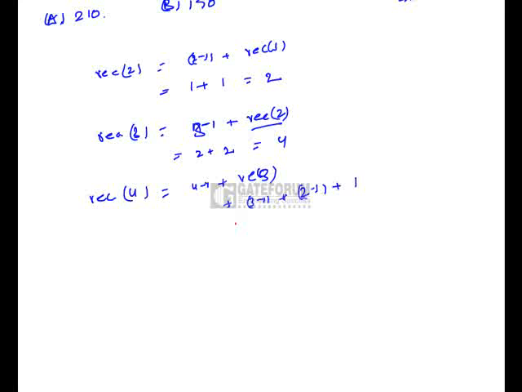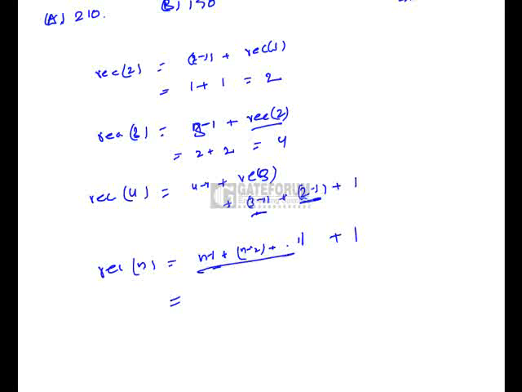So if we generalize this, we can say that rec(n) is equal to n minus 1 plus n minus 2, and so on up to 2 minus 1, plus 1.